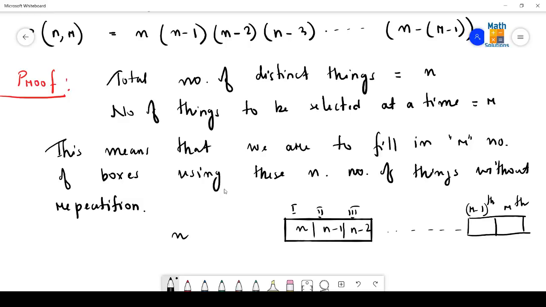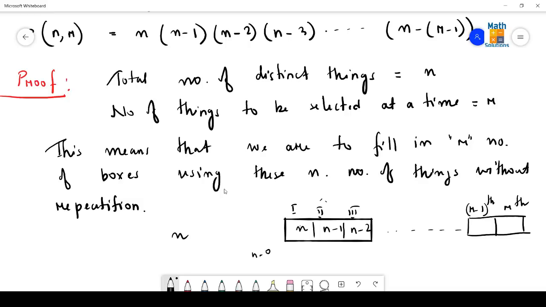Now one thing we have to notice that in the second place I am writing minus 1. In the third place I am writing minus 2. That means depending on the position of the box, the term written here is 1 less, yes or no? That means for place 1, I can write here simply n, which stands for n minus 0.